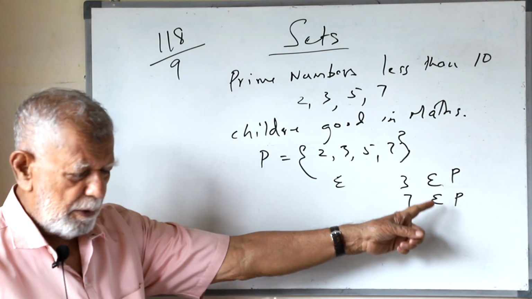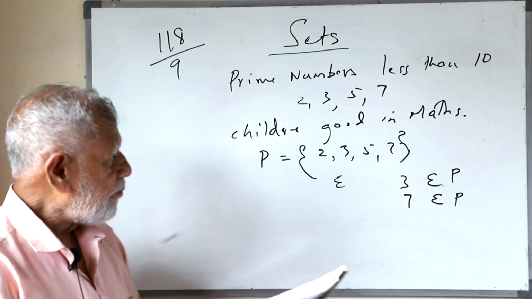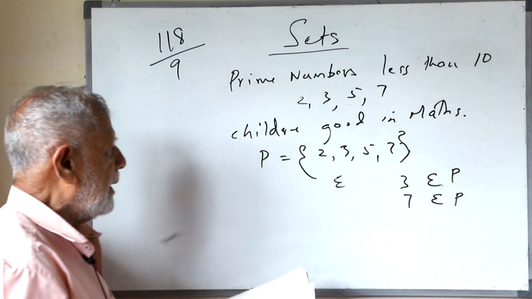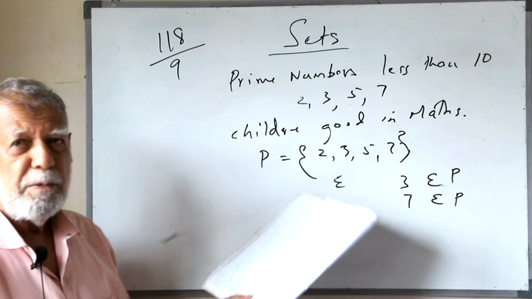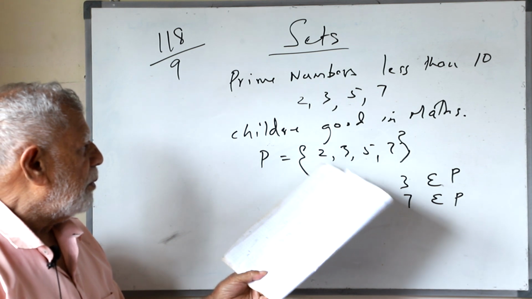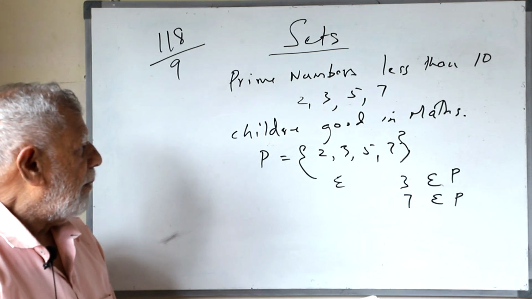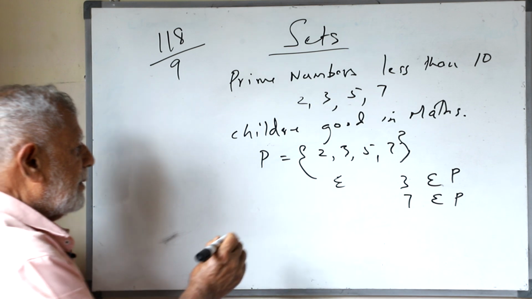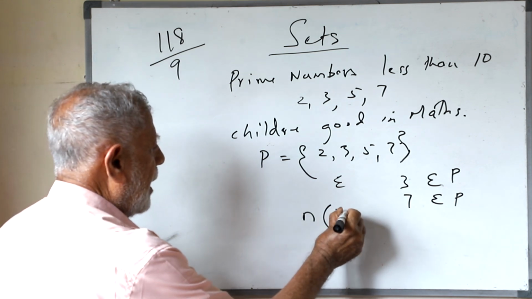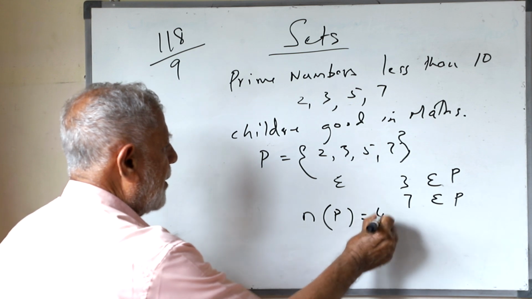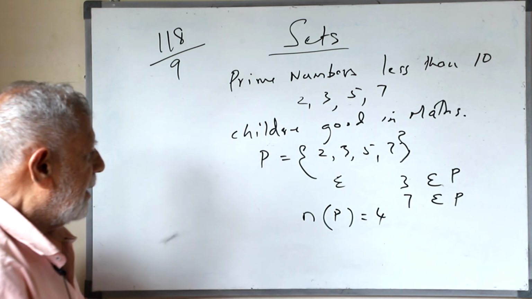This sign you must know. Another thing you should know is the number of elements in P. At the moment we have 2, 3, 5, 7 as the elements. So the number of elements in P we write like this: n(P) equals 4.